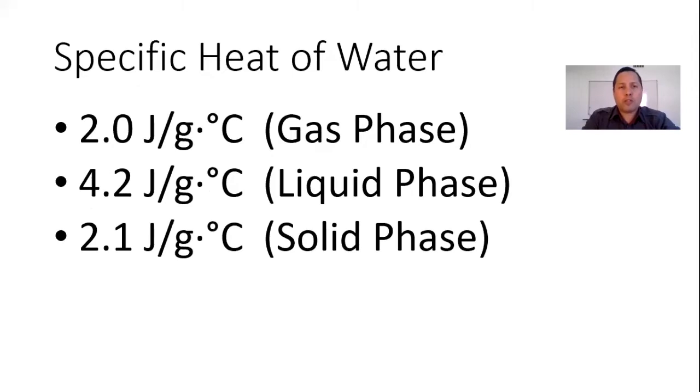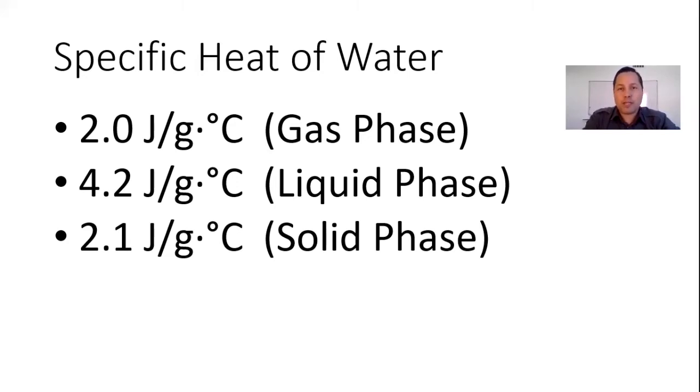Now, a couple of other values that are important to know before we start doing our phase change calculations. The specific heat of water changes depending on what phase water is in. Let's start at the very bottom. When water is a solid, a block of ice, the specific heat of water is 2.1 joules per gram times degrees Celsius. When water is in the liquid phase, it is 4.2 joules per gram times degrees Celsius.